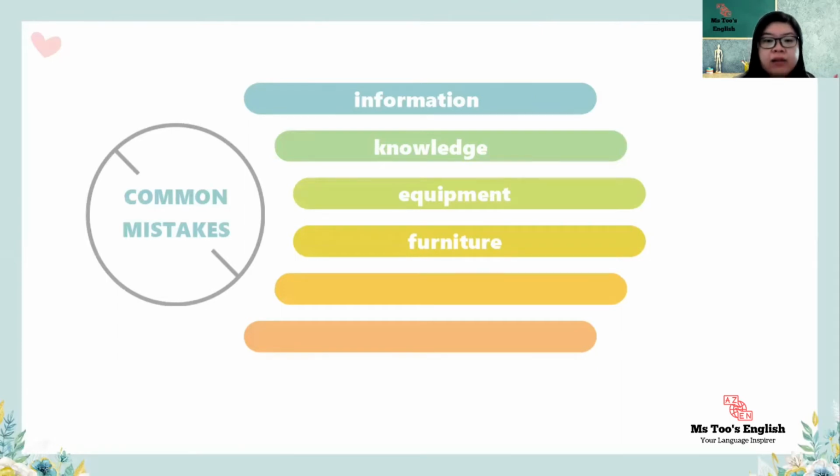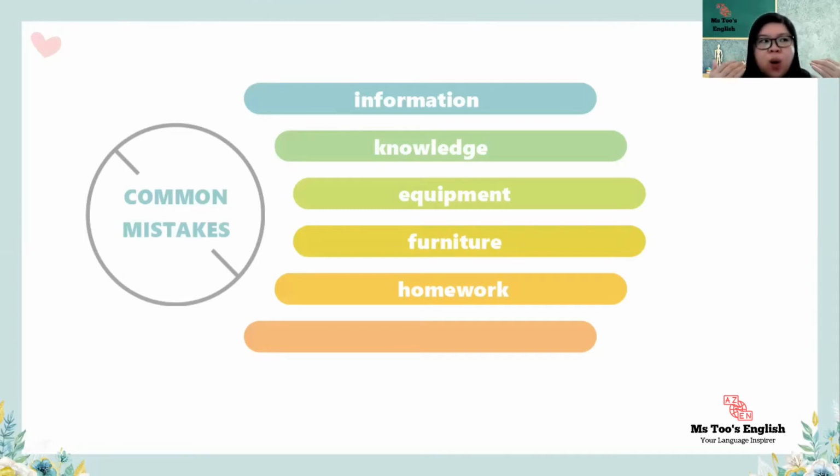Not only these four common ones, I also identified a few more that people tend to make mistakes on. For example, homework. If you are a student, you feel like your school life is very busy, you have different types of homework: Chinese, English, mathematics, science.